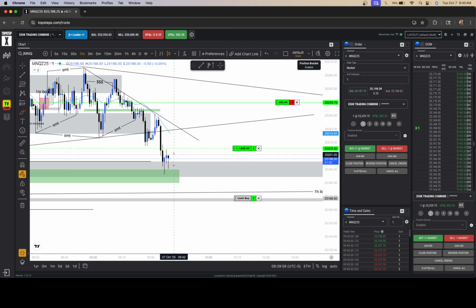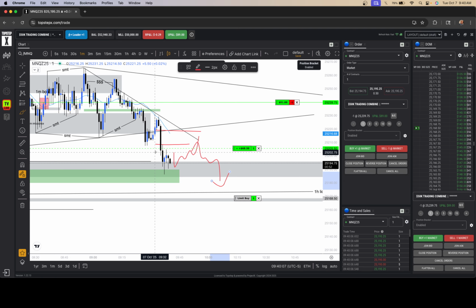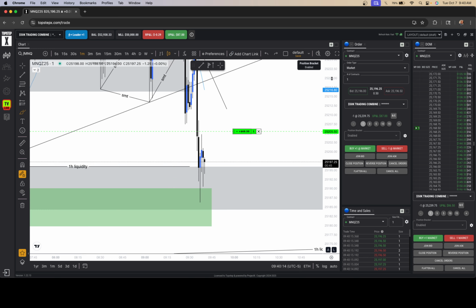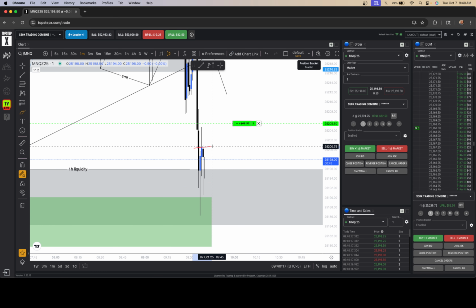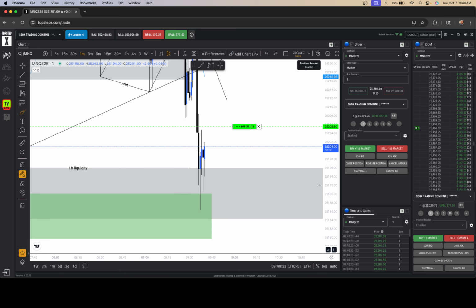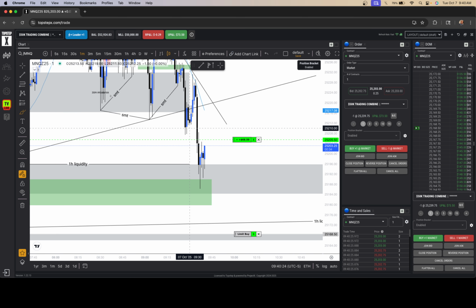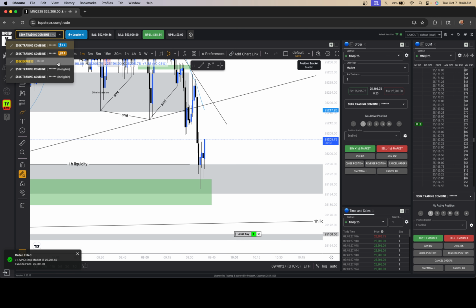What I'm expecting right now is for price to come back up into this imbalance and then push back down, potentially lower. But we could, there's a small imbalance right here that we could also reject from. Yeah, it's very small. We could reject from here and then go lower as well. Order filled.